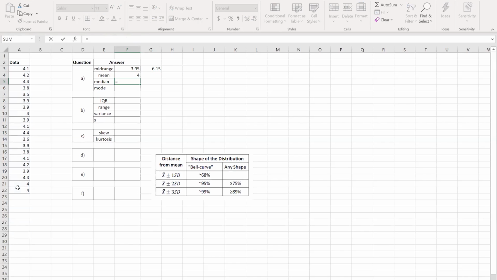Median uses the median function. Close parenthesis, enter. The mode uses the mode function. Close parenthesis, enter.